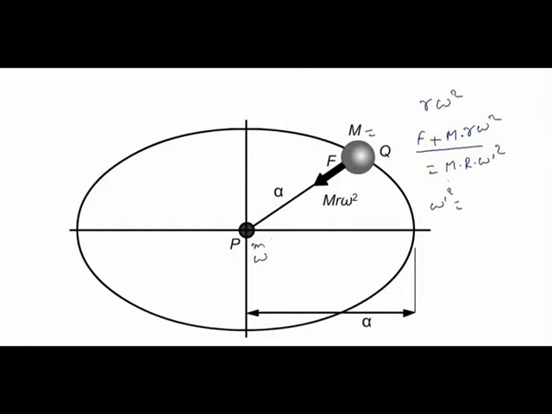From here we can get the value of omega dash square, which will be equal to F plus Mr omega square by MR, or omega dash is root under F plus Mr omega square by M into capital R.